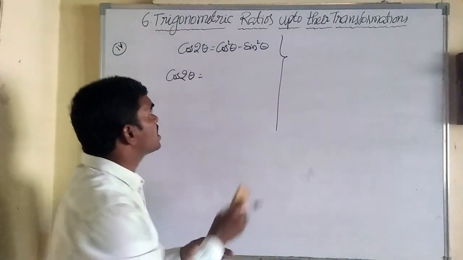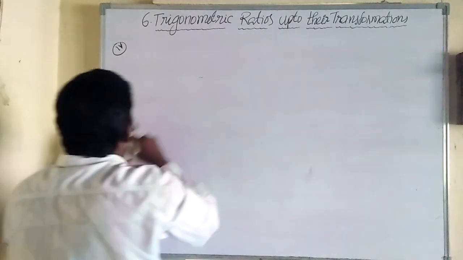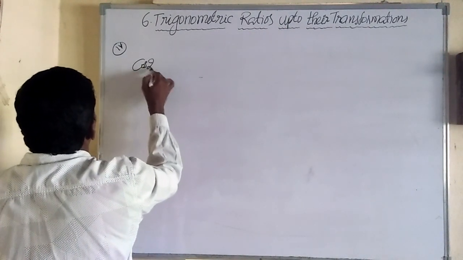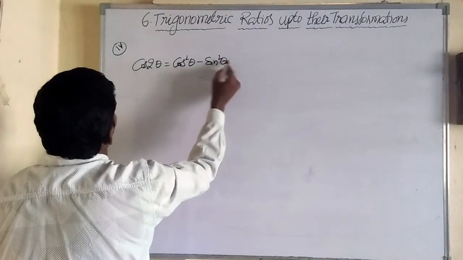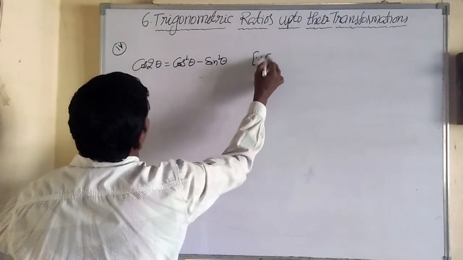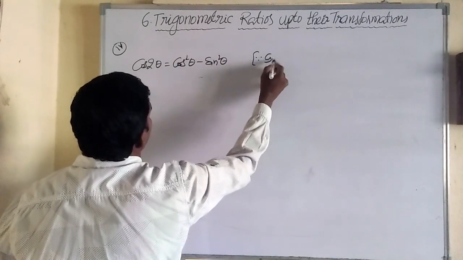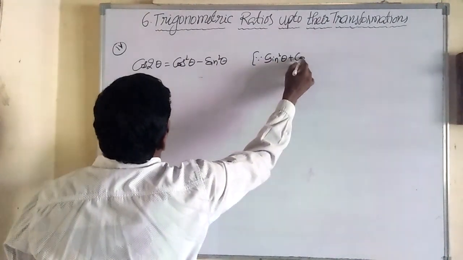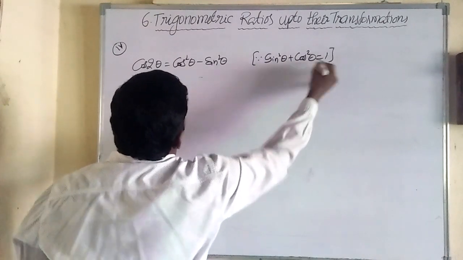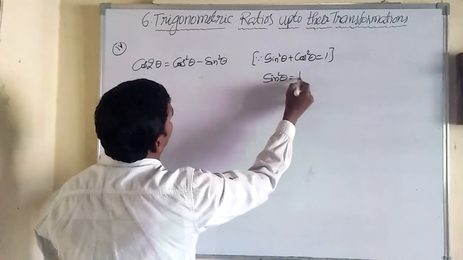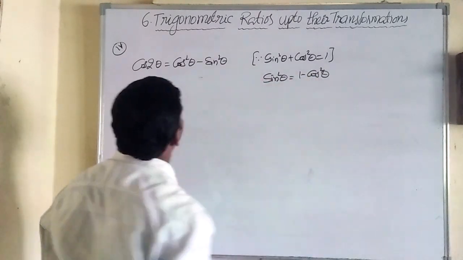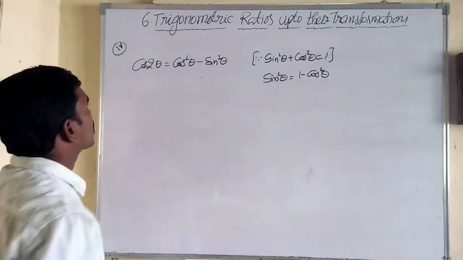We have the first identity: cos square theta plus sin square theta equals 1. Since the sum is 1, however you write it is no problem. So sin square theta becomes 1 minus cos square theta.